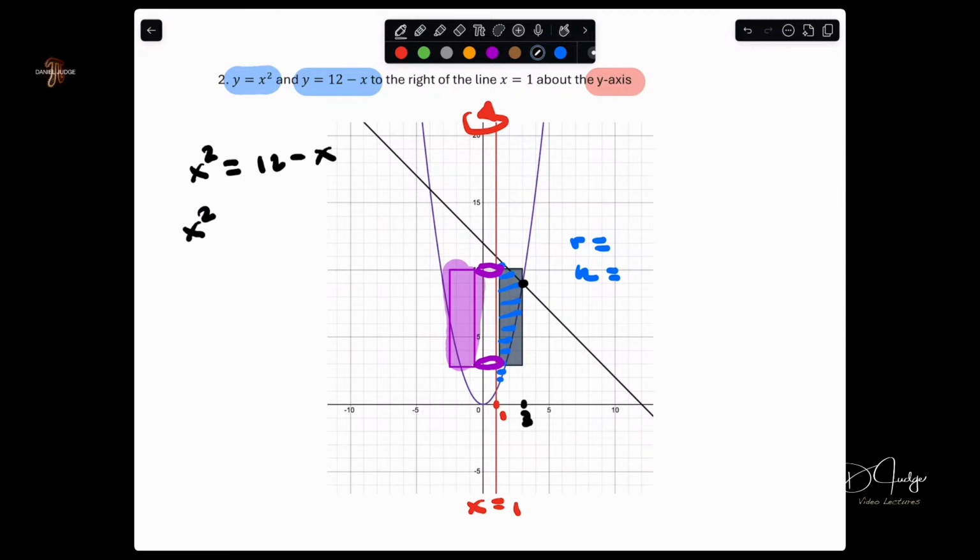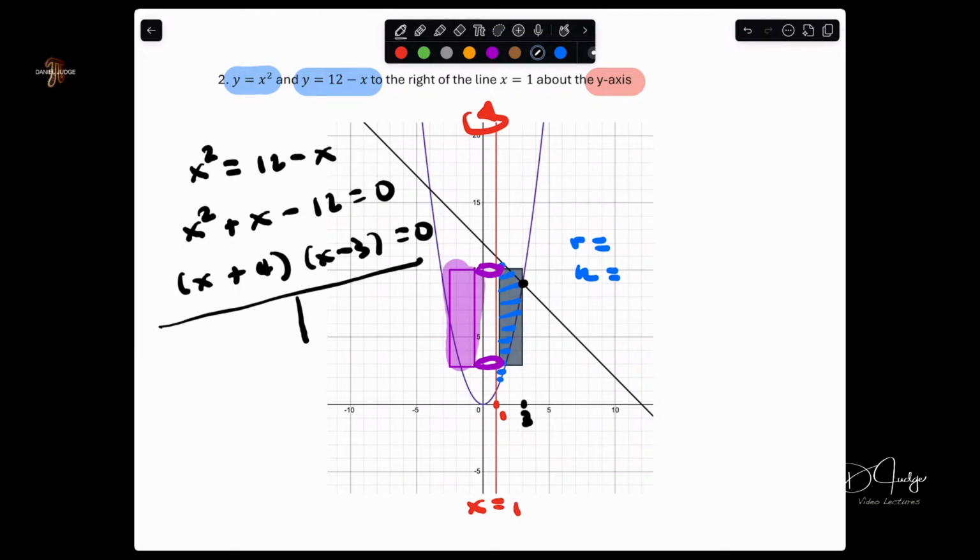So this will be x squared plus x minus 12 is 0. Factor: x plus 4, x minus 3 is 0. We get x plus 4 is 0, which means x is negative 4. We get x minus 3 is 0, which means x is positive 3.